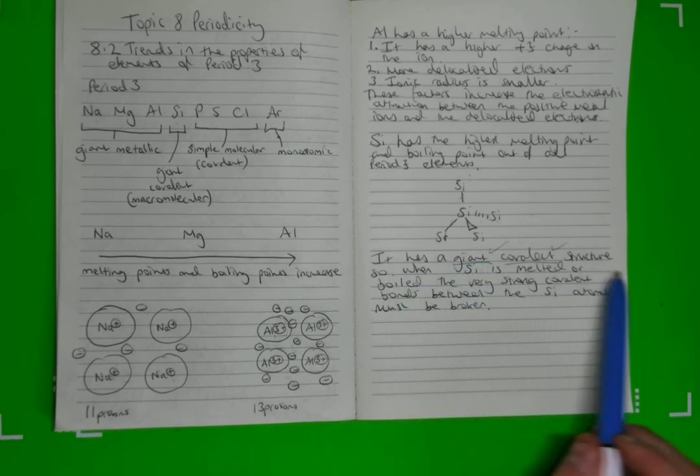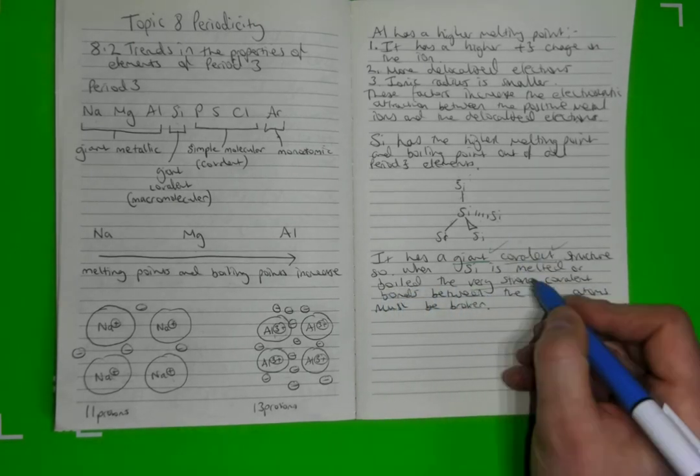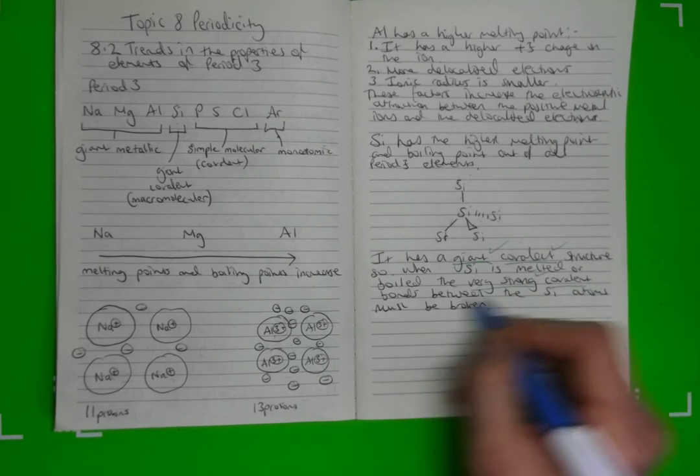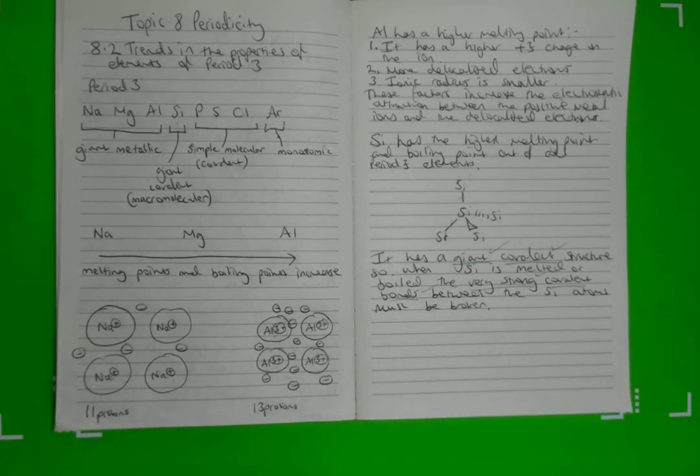So it has a giant covalent structure, so when silicon is melted or boiled, the very strong covalent bonds between the silicon atoms must be broken. And if there was only just one of them, one bond that needed to be broken, then obviously silicon would not have quite as high a melting point and boiling point.